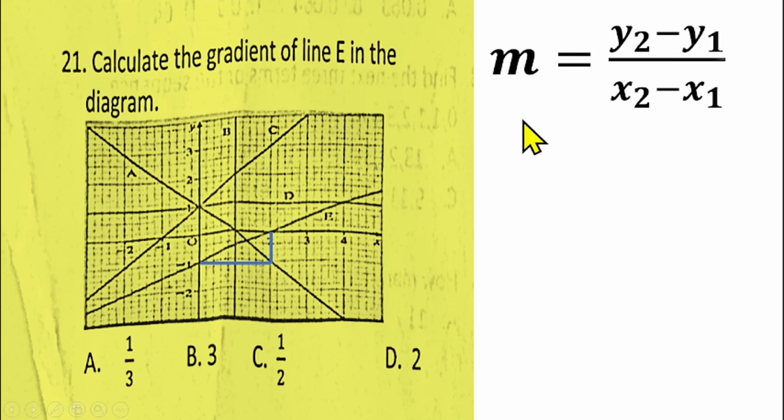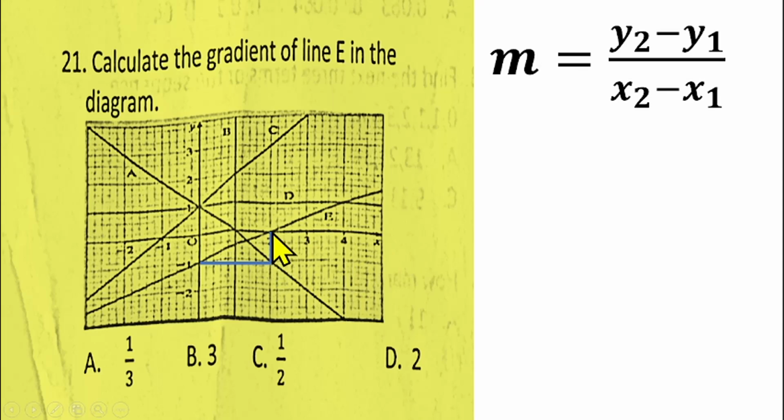So we need to form a right angle triangle with this straight line at the point you want. I can easily use this point here. I can draw a straight line here, then another one here to form the right angle triangle. So we'll now find the change in y over change in x. The gradient is y2 minus y1 over x2 minus x1.